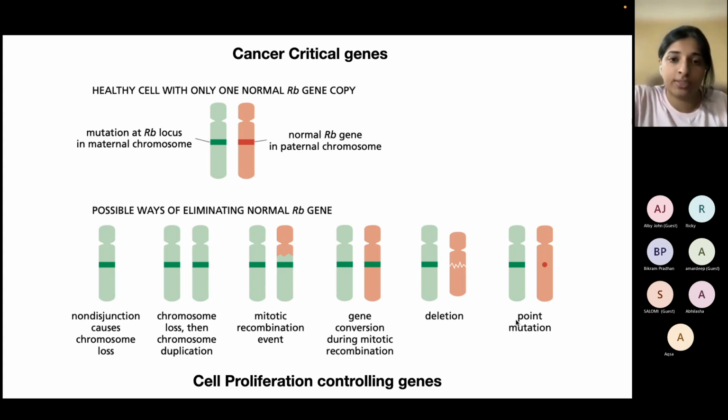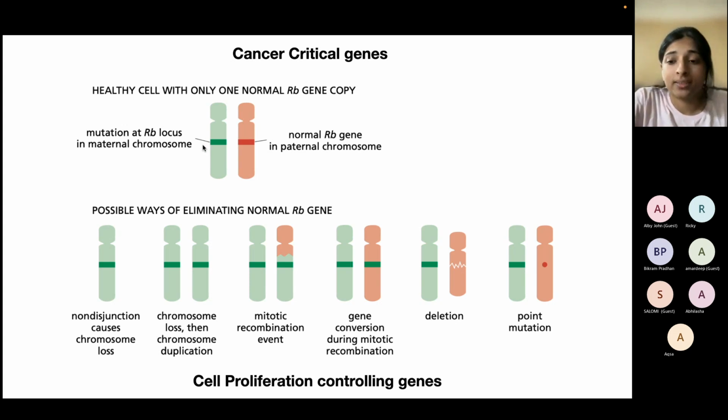However, it still happens. For example, this is a retinoblastoma, which requires the mutation of the RB gene in both loci. Say there is a mutation in the maternal chromosome, but there is a normal RB in the paternal chromosome. In this case, if the paternal chromosome is also mutated by some means, then the cell will become cancerous.